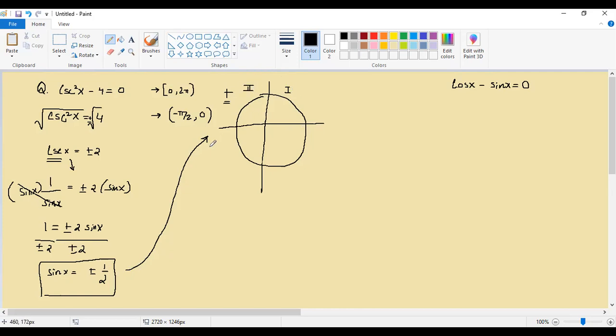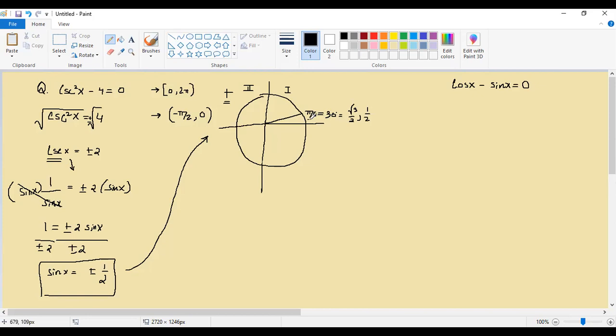So there will be solutions on these quadrants that satisfy the fact that sine of x is equal to 1 over 2. In quadrant number 1, we know that pi over 6 equals 30 degrees, and we could say that the cosine here is the square root of 3 over 2, and the sine is, in fact, 1 over 2.